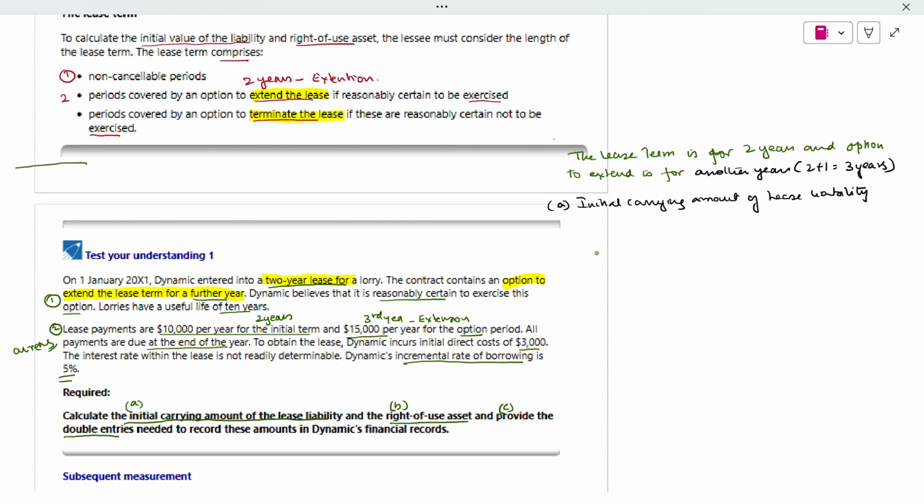At the end of the year, how much are we paying? Year ending. How much is the cash flow at year ending? We have to take the discount rate. We have the incremental borrowing rate, which is the discount rate. And what we have to do is calculate the present value.